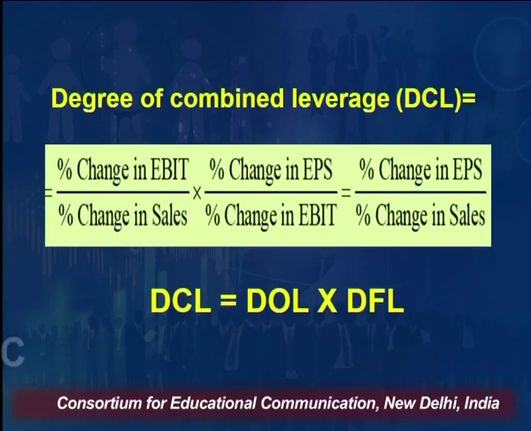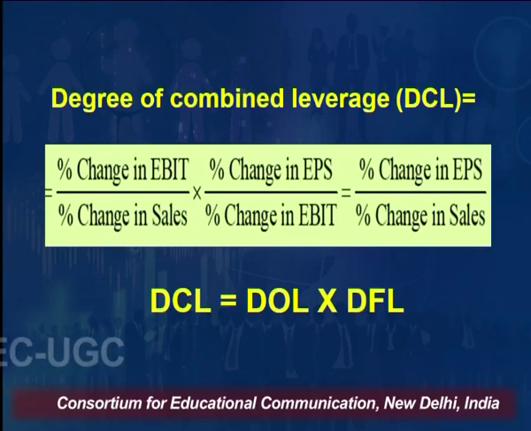Just like we have calculated our operating and financial leverage, we can also calculate the degree of combined leverage. As I just mentioned, combined leverage is a combination of our operating and financial leverage. So, degree of combined leverage can be calculated by multiplying the values of degree of operating leverage and degree of financial leverage.